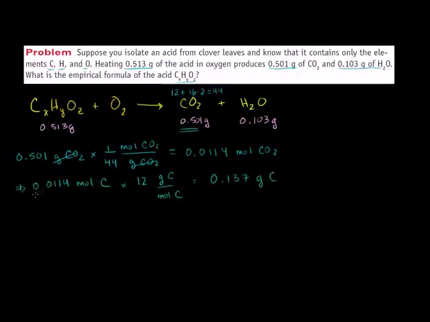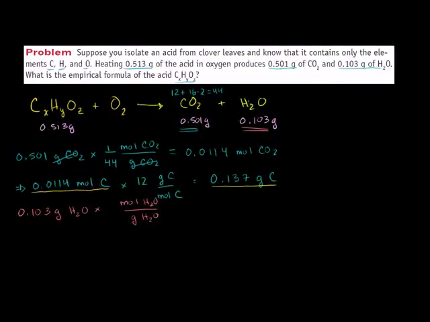So we have two good takeaways: how many moles of carbon we had over here, and how many grams of carbon that translates to. Now let's do the same thing for the hydrogen. Same drill. Let's do the hydrogen using that information right there. So we're starting off with 0.103 grams of water, and we want to turn this into moles of water. So let's multiply it times moles of water per grams of water, once again to cancel out the grams of water, numerator and denominator.